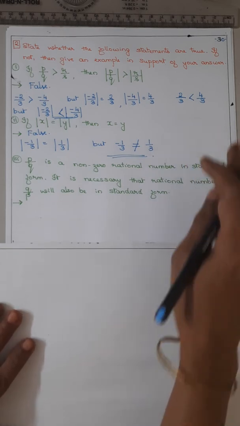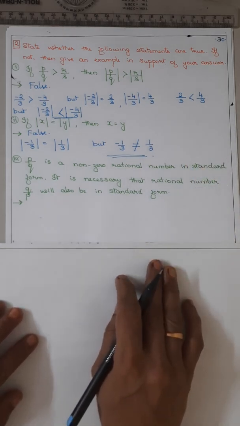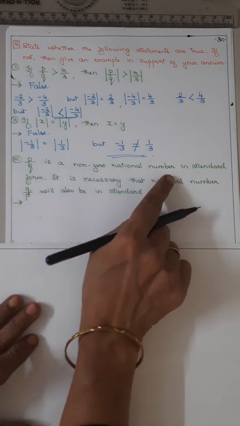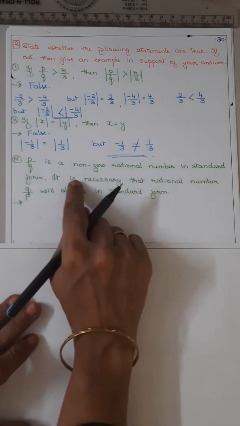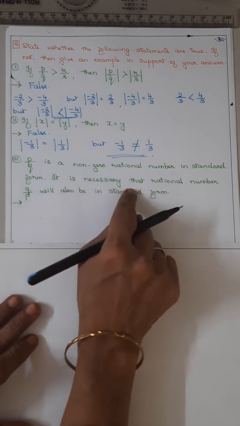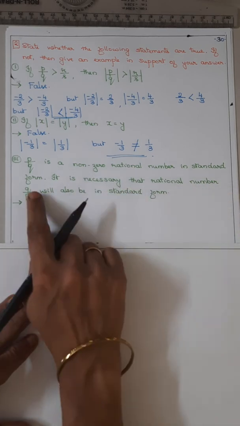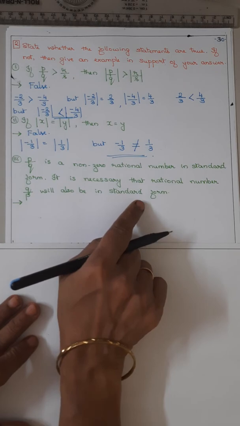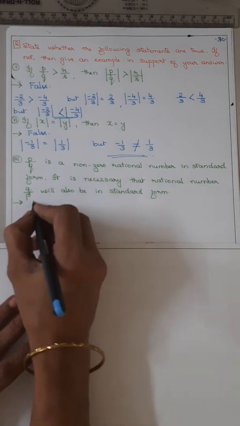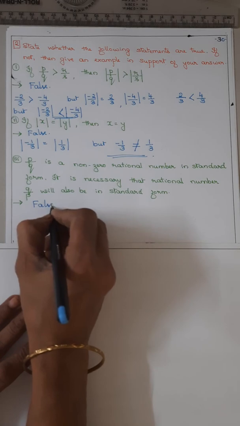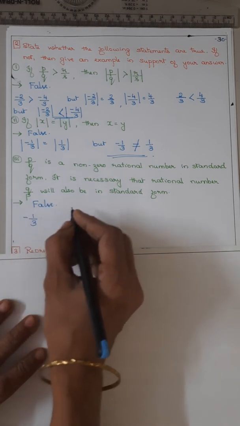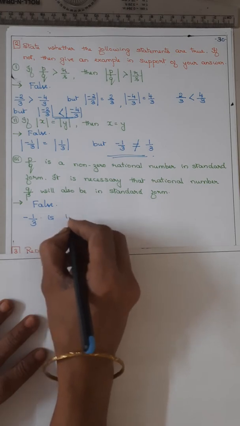Now coming to the third true or false. P by Q is a non-zero rational number in the standard form. It is necessary that the rational number Q by P will also be in the standard form. Is it? No. Why? Now, minus 1 by 3 is in standard form.